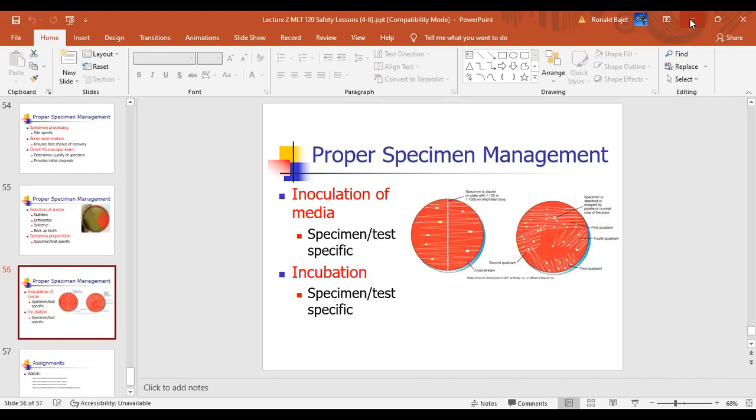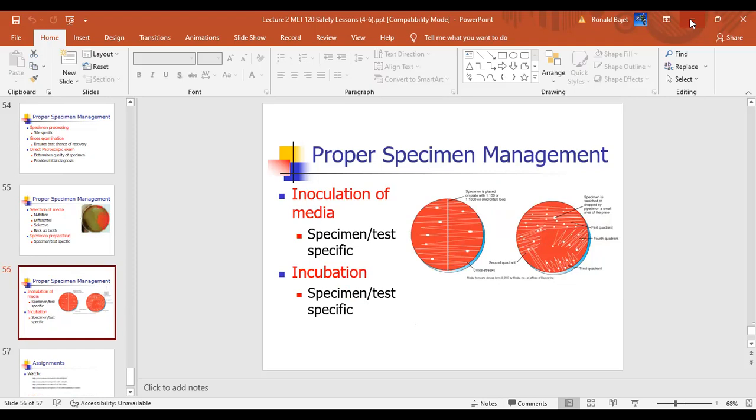On the plate in the middle, when you have the back and forth streaking like that, that's the type of streaking for urine. Did you guys know that? Okay, that's for urine, and one colony is equal to 1,000. So if it fills up the plate, then it's greater than 100,000 colonies per ml.